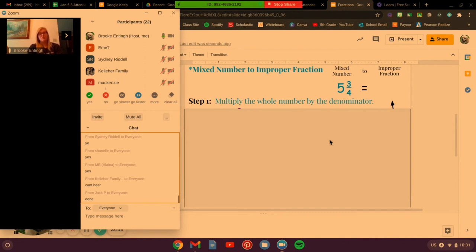Once you have written down the directions for step 1, let me know you're ready to move on in the chat box. Awesome. And this works for any mixed number. You always start by taking the whole number and multiplying it by the denominator.